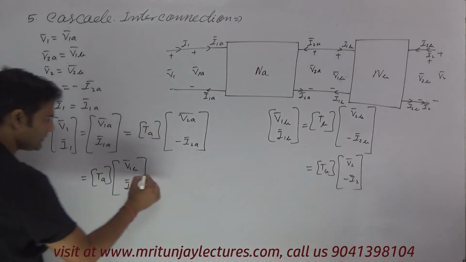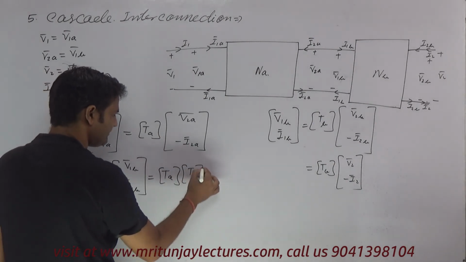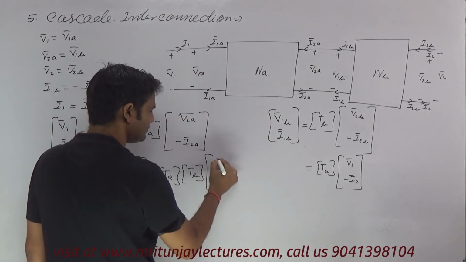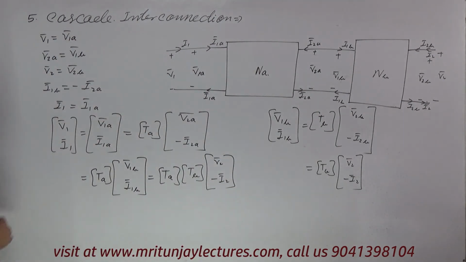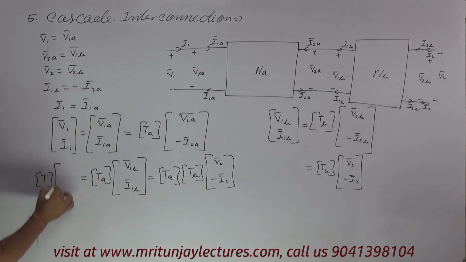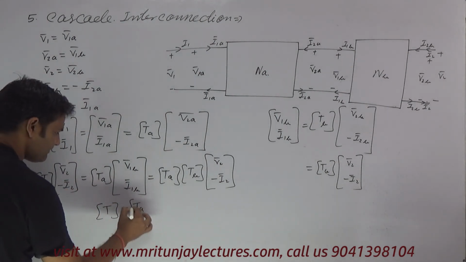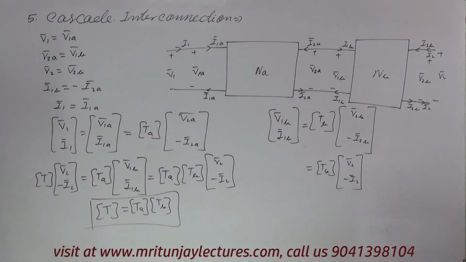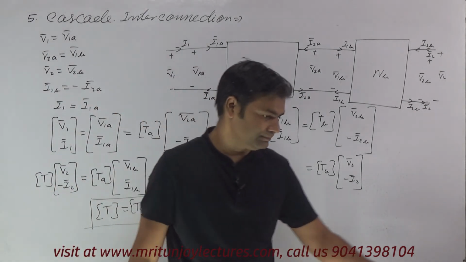So that is TA and here also TB, this one corresponding to V2 and minus I2. Okay. This one is also written as T, and that is V2 and minus I2. So overall T is written as TA times TB. Make it very simple. Okay. Now it is clear.